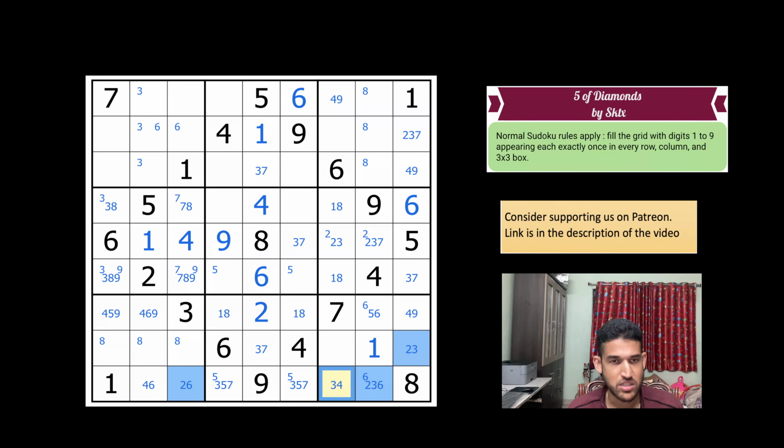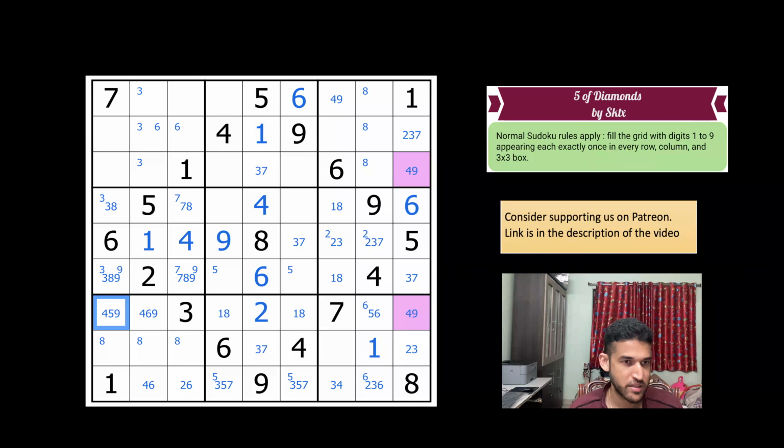The next logic that I found in the Sudoku was an X-wing. A beautiful X-wing. Look at column 1 and column 9. So let me remove these blue cells, colors. 4 has exactly 2 possibilities in column 9, only these 2, and the same 2 possibilities.